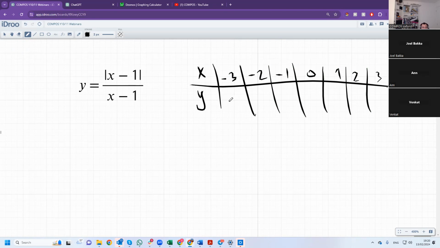Okay, if x is minus 3, what is going to be? Ooh, very good. So if x is minus 3, what is y? You don't have to use this method. I think Ikshita, you got it.